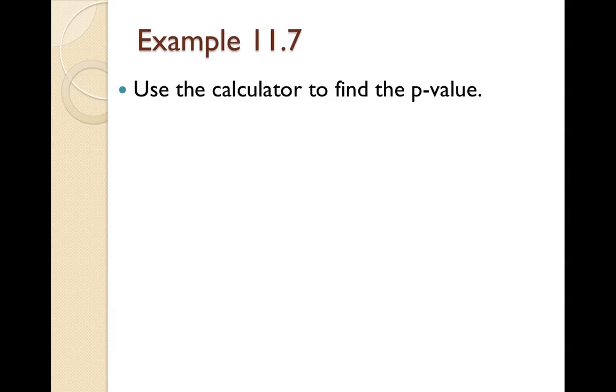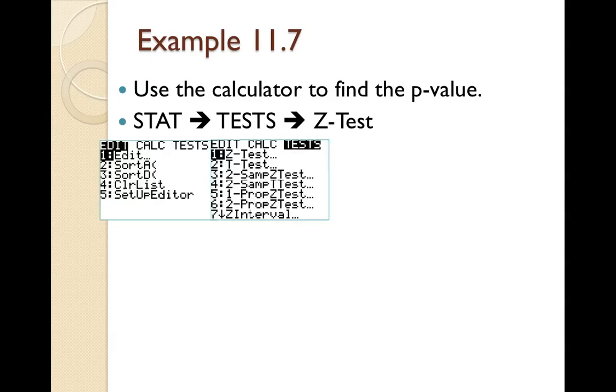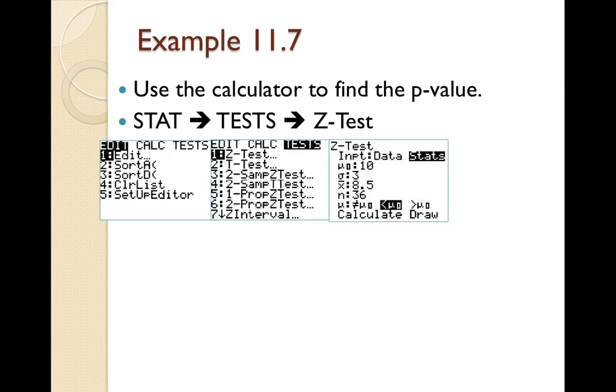So we go to our calculator to figure out the p-value. Stat, Test, Z-Test. You're going to enter mu sub 0, 10. That's the population mean. Population standard deviation 3. 8.5 is the value for X bar. Sample size is 36.